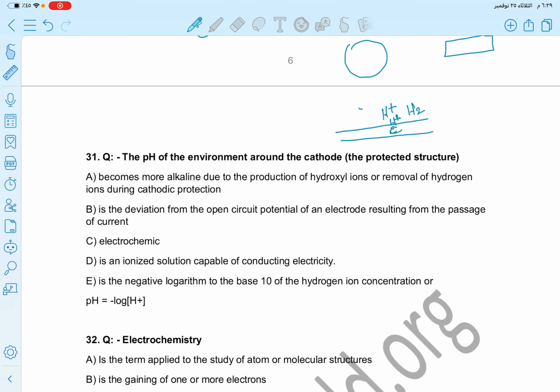So this acidic ion will come to the cathode and react, and after some time all the acidic ions will disappear. That means the environment around the pipeline will be alkaline. So the answer will be A, become more alkaline due to production of hydroxyl ions and removal of hydrogen ion.